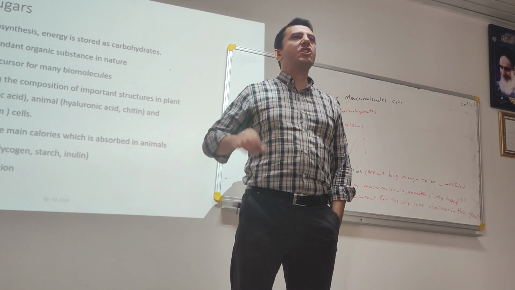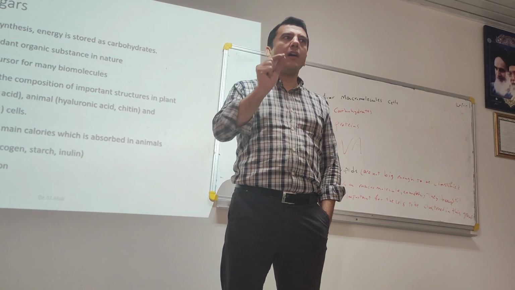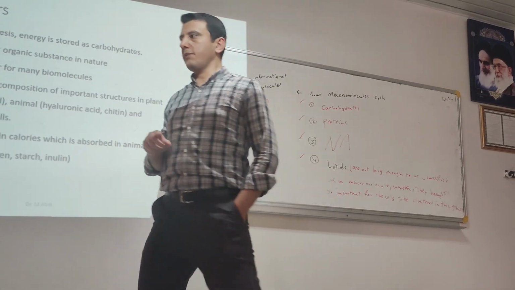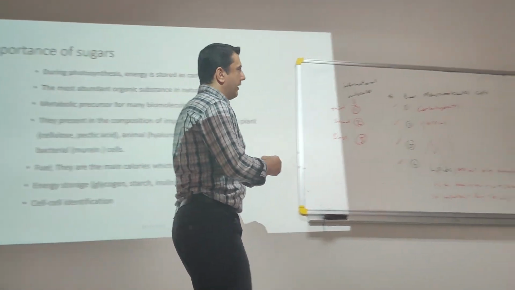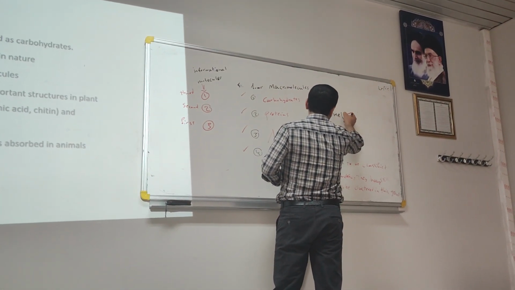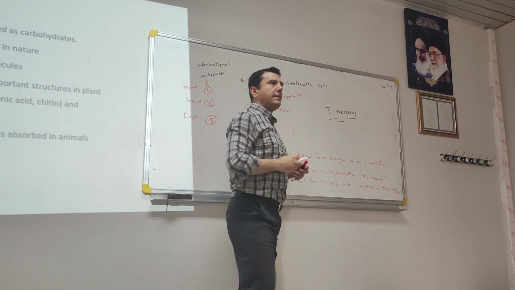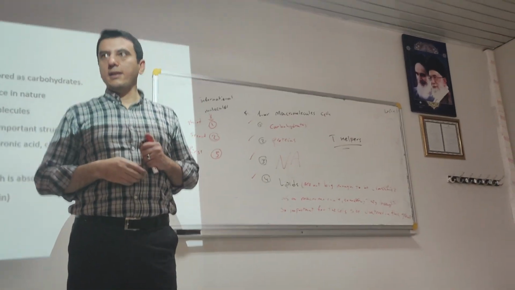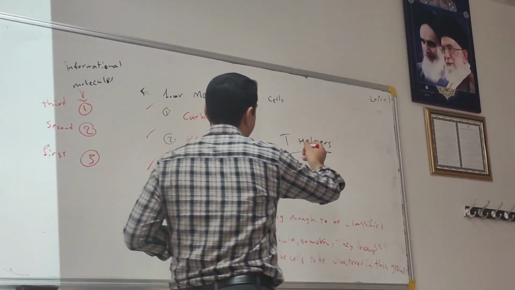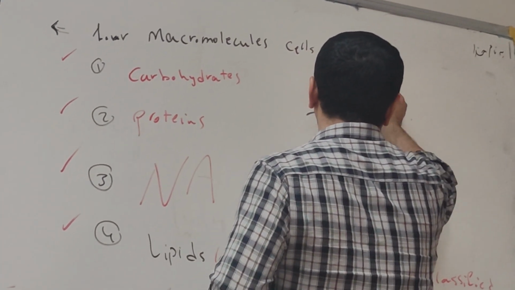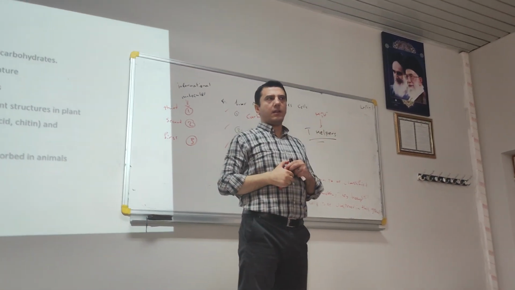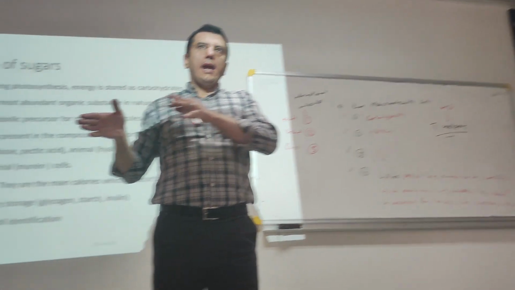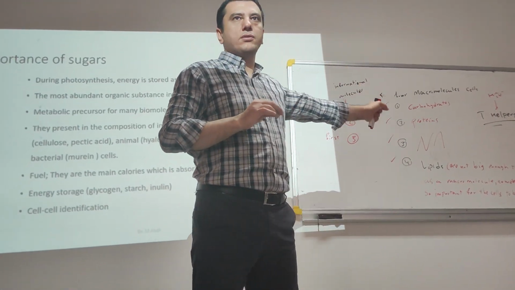HIV can enter just one of our cells, not all cells, just one cell that we name T helper, a kind of white blood cell in our body. Why does HIV not enter other cells, and can only enter such cells?